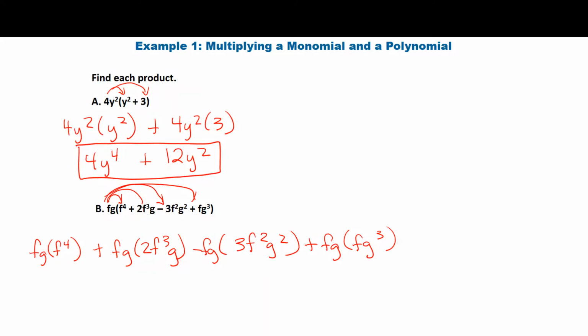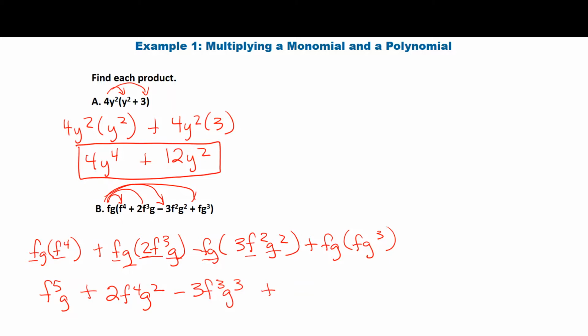All right, so again, we just have to go ahead and simplify this. f to the first and f to the fourth is f to the fifth g, plus 2 times f to the first and f to the third is f to the fourth, and g is g squared, minus 3, we have three f's, so f to the third, and three g's, g to the third.